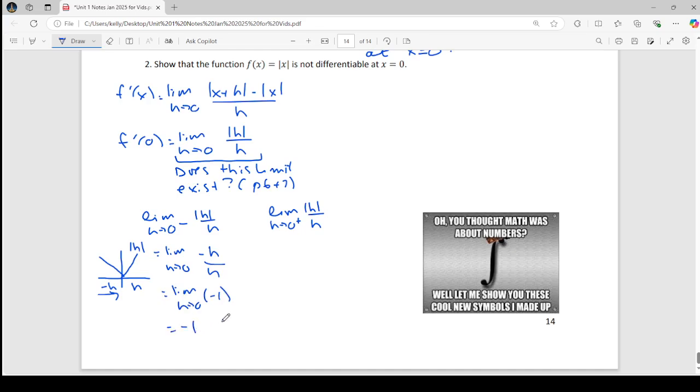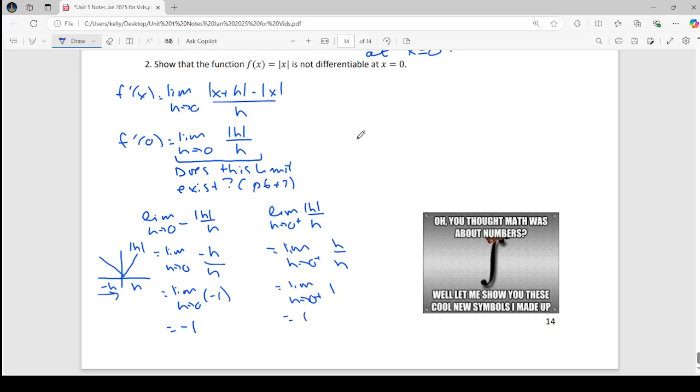The limit of a constant from our properties is just the value of that constant. And what we even know is the slope of the line on the left of an untransformed absolute value is just -1. Over here on the right side, the input of h gives you an output of h, and then h divided by h is 1. And the limit of 1 is 1.